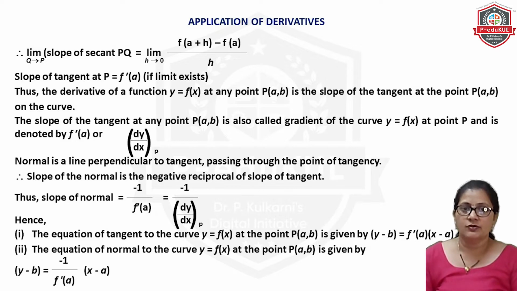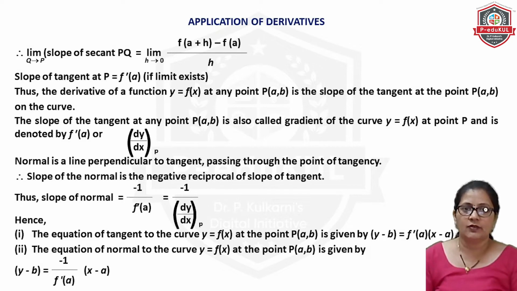Why are these concepts important? Because in certain questions you know only the slope of tangent, but we need to find the equation of normal. So in that case you need to find the slope of normal also, and this formula is very important in that particular case. So you have to remember this.